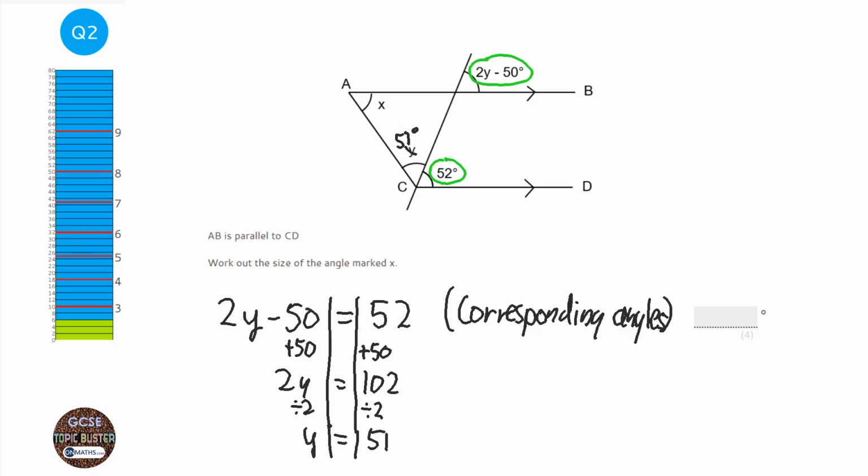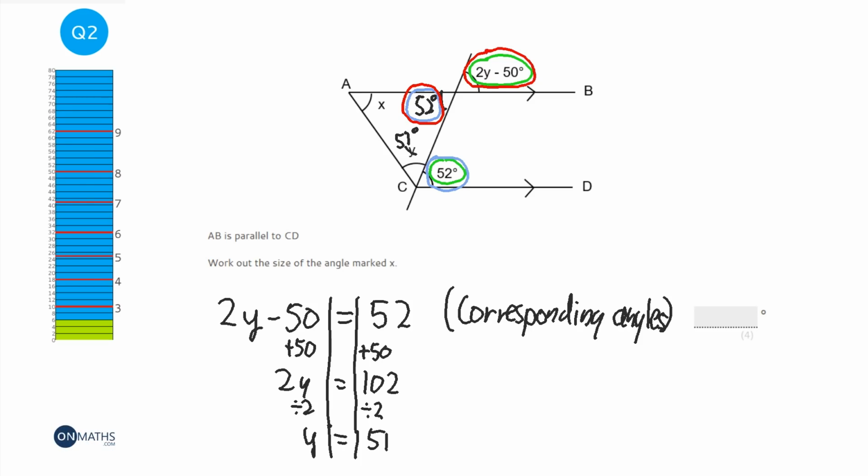Now I know that this is 52 degrees because if you look at this, I'll use a different colour, this angle here and this angle here are Z angles or alternate angles, or you can say that this 52 degrees here is equal to this here, which is also 52, because they're vertically opposite angles.